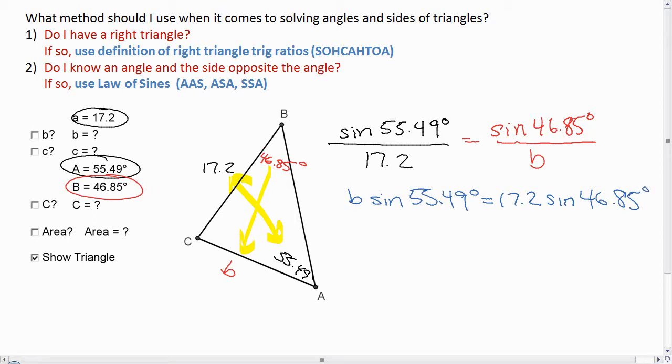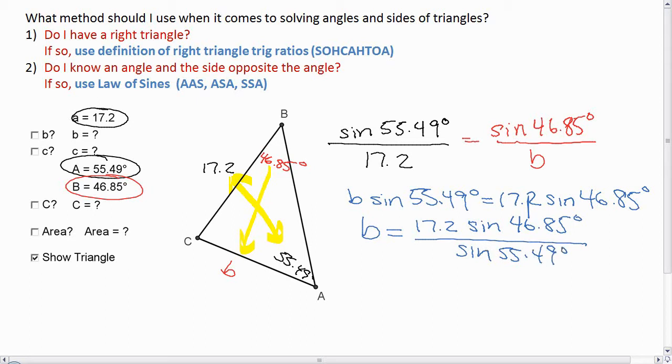I can then use division to get B by itself and say B equals 17.2 times the sine of 46.85 degrees. Seems we had a runaway marker there for a moment. Divided by sine of 55.49 degrees. I will get a result that works out to be B equals 15.23 units.